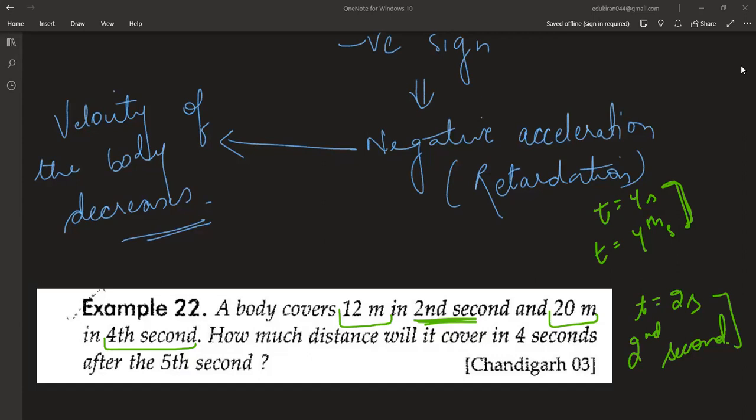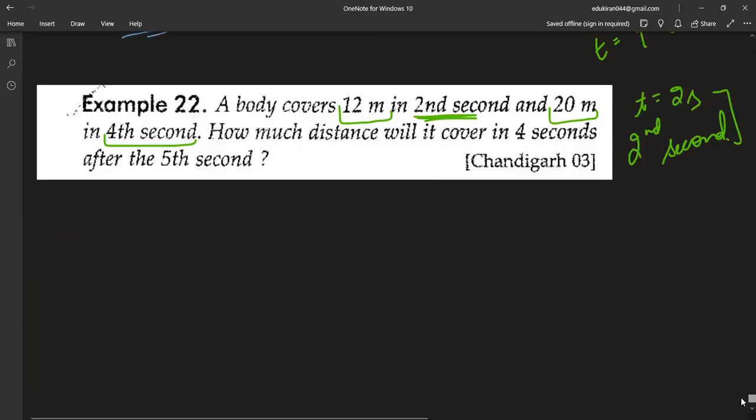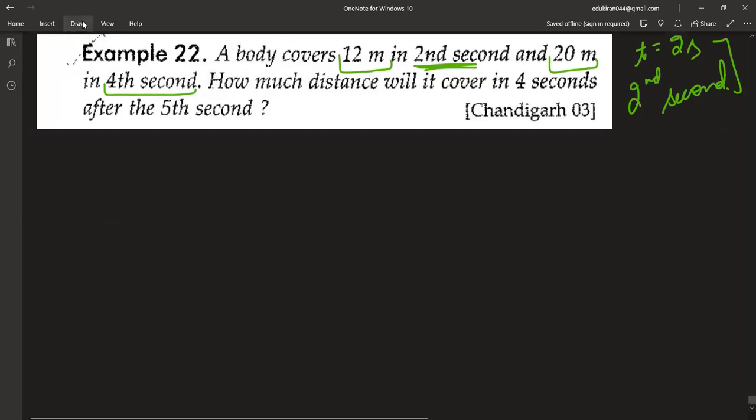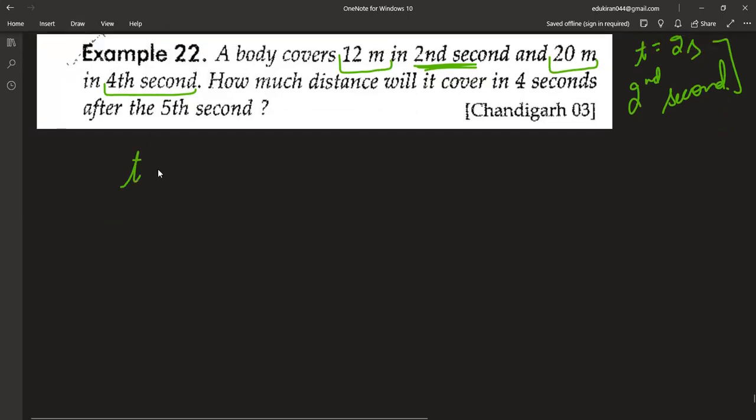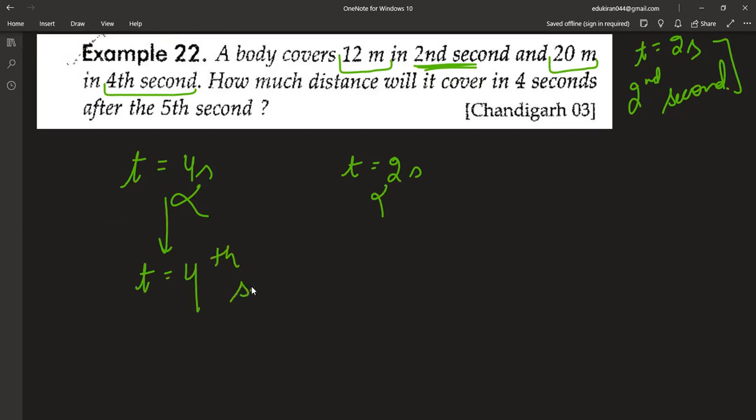The main difference that you have to focus here is that this is not just the simple time duration given, class. It's not the simple time duration that we study, that this is t is equal to 4 seconds given or t is equal to 2 seconds given. This is different because here this is saying the time is fourth second. Here it is saying the time is second.